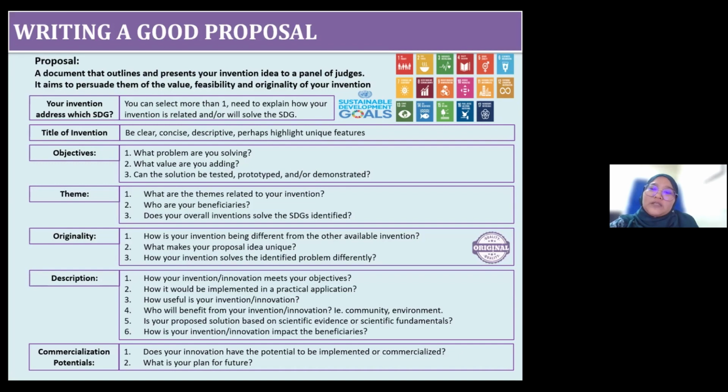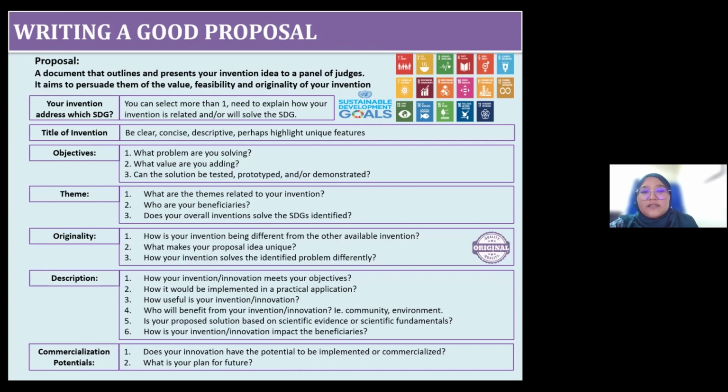As mentioned earlier, there are 17 SDGs, Sustainable Development Goals, for example zero hunger, no poverty, good health and well-being. You can select more than one. Again, you have to explain and elaborate how your invention relates to or will solve the SDGs that you mentioned. Later there are a few explanations about the elaboration.